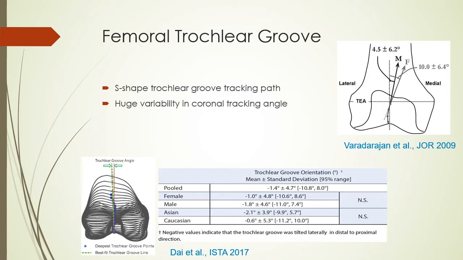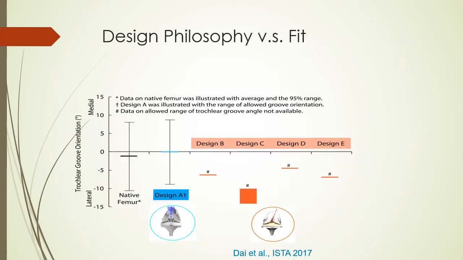So in one sentence, on average, a neutral tracking, but in reality every bone has a varying degree of tracking that's up to plus minus 10 degrees if you're talking about 95% of the range of all the angles we see in the population. So these are very interesting results.